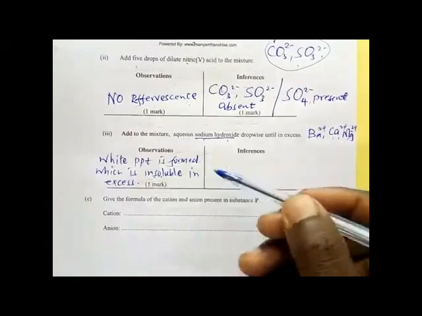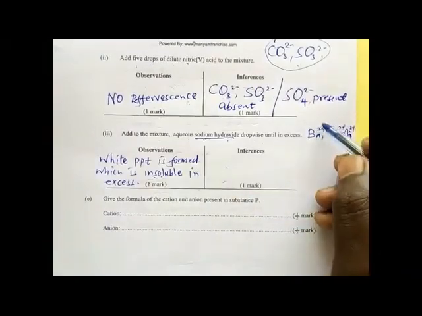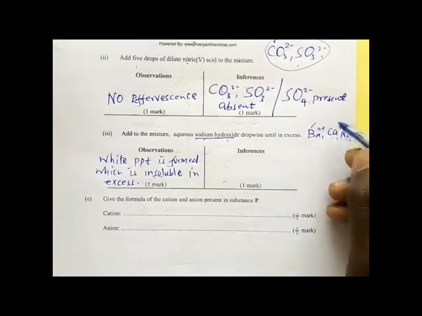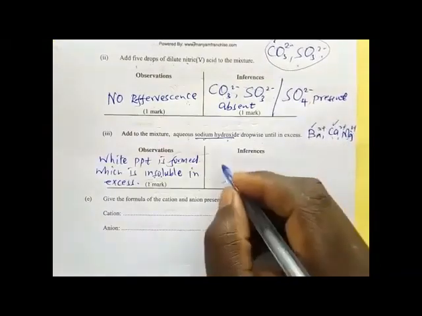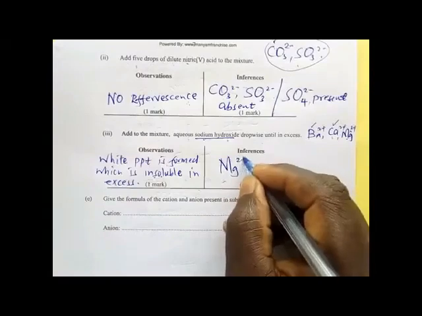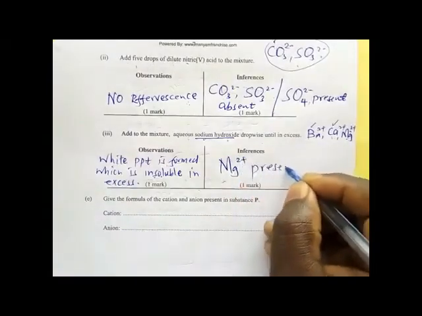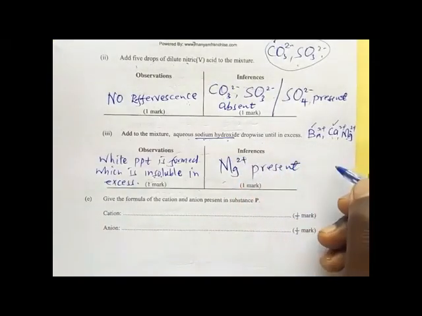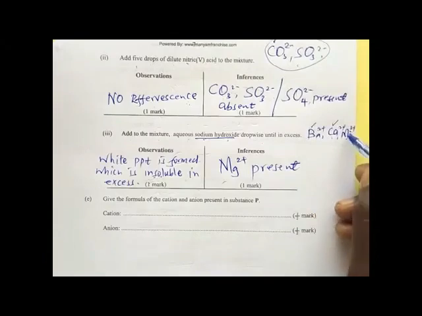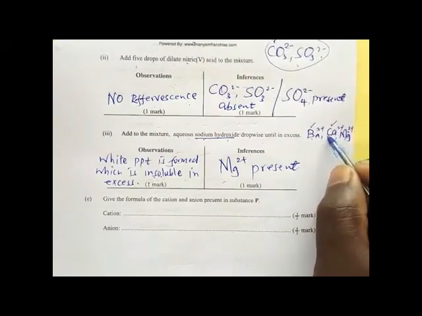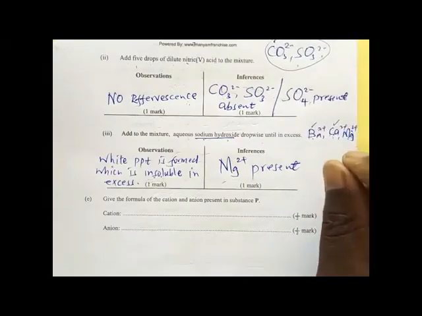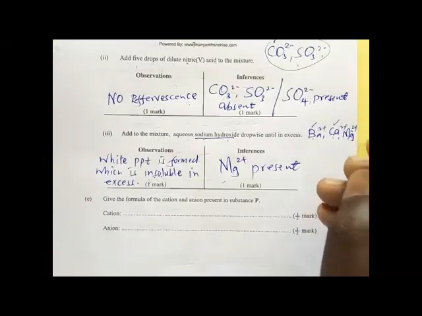But now this is our last test. We are going to ignore the barium and the calcium, and then we are going to take the magnesium 2 positive as present. Why do we ignore that? This one forms a very white precipitate, but when you look at those others, they form a white precipitate, but it is not that white.